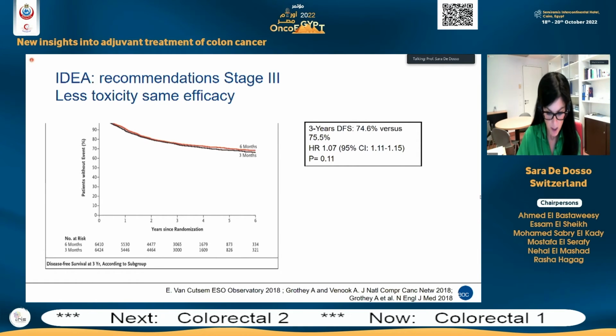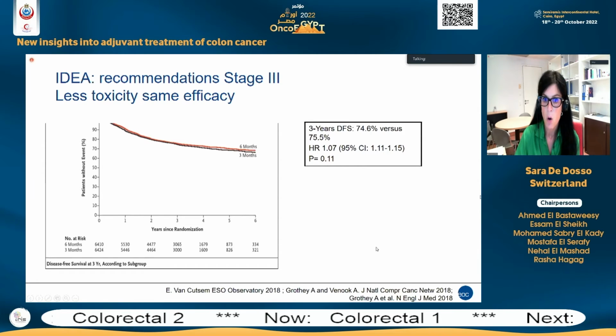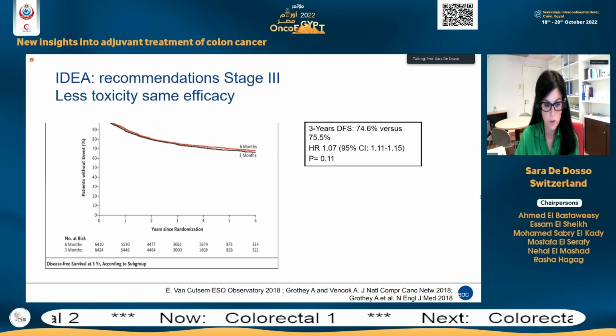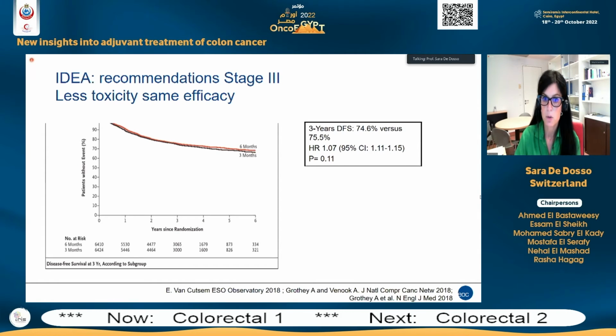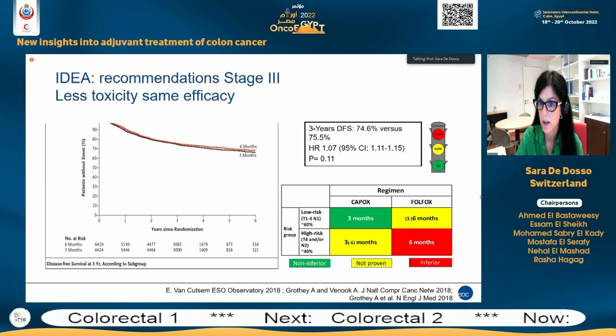So this is the strategy from the IDEA collaboration, where 3 months of oxaliplatin chemotherapy was compared to a 6 months treatment that was the standard of care.